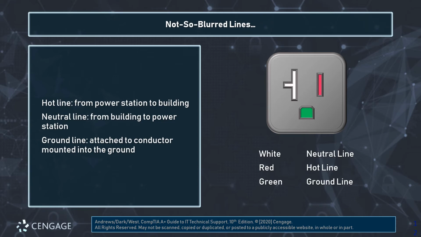And then the green is the ground line. The ground line is attached to a conductor mounted into the ground. Remember how I talked about a lightning strike, and how lightning looks for the quickest path to be able to discharge its energy from one place to another. So if we have electrical energy being discharged through a lightning strike, power surge, etc., we want it to find its way from wherever it's originating to the ground as soon as possible.